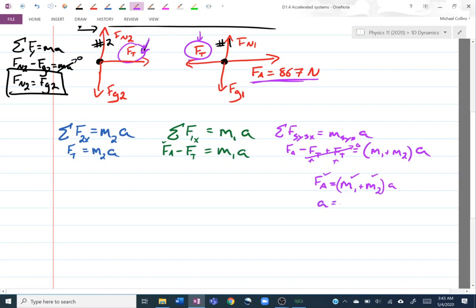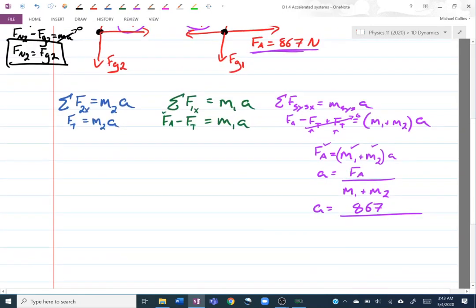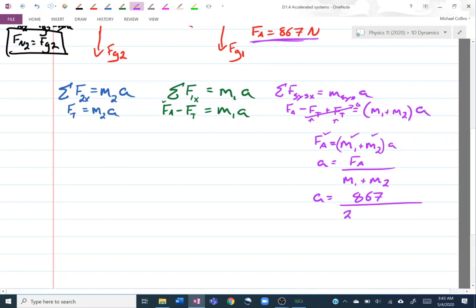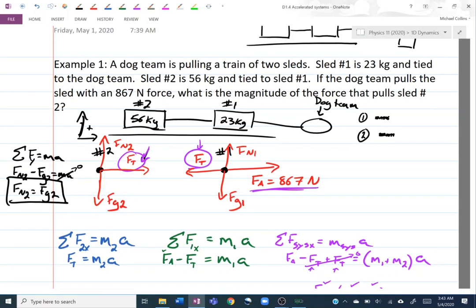My acceleration is equal to FA over m1 plus m2, so my acceleration is equal to 867 divided by 23 plus 56. I think somewhere here I might even have my acceleration. I'm plugged in already.